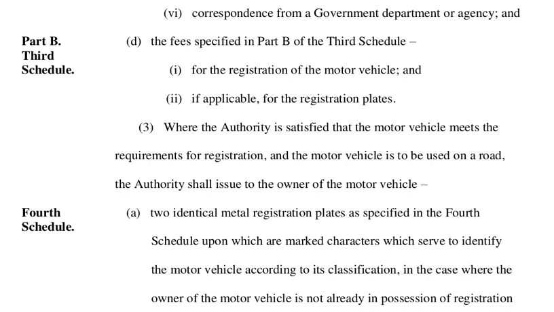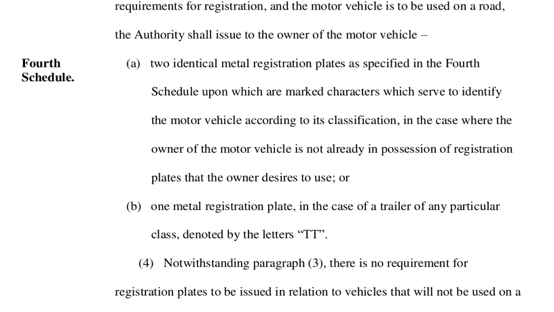Subsection 3. Where the authority is satisfied that the motor vehicle meets the requirement for registration and the motor vehicle is to be used on a road, the authority shall issue to the owner of the motor vehicle A. 2 identical metal registration plates as specified in the 4th Schedule, upon which are marked characters which serve to identify the motor vehicle according to its classification in the case where the owner of the motor vehicle is not already in possession of registration plates that the owner desires to use.